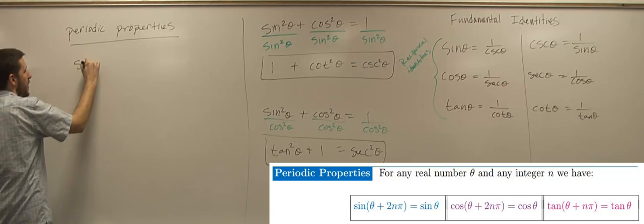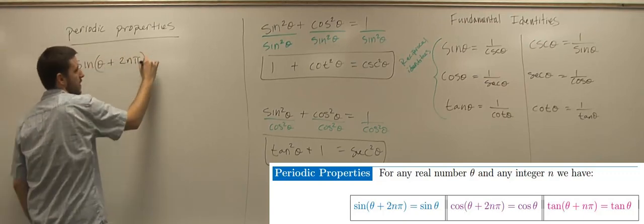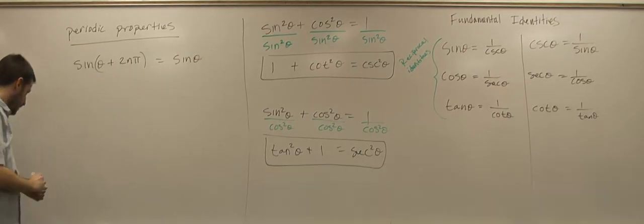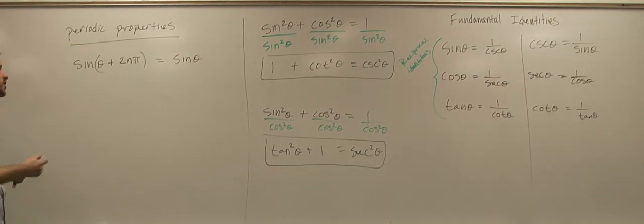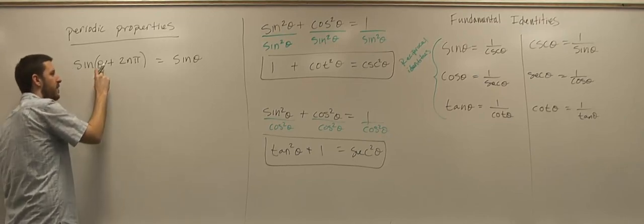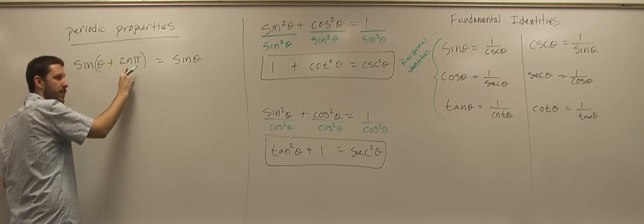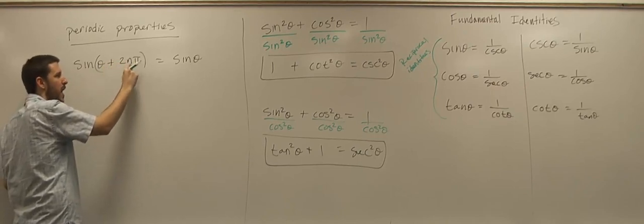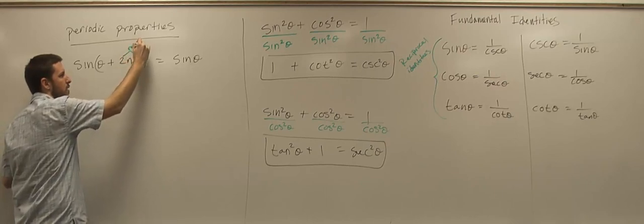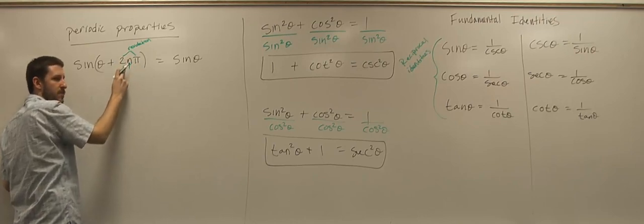Say that sine of theta plus 2n pi is equal to sine of theta. The way you should interpret this is, if you take sine of an angle theta but add any number of full revolutions, because 2 pi is a revolution, and the n lets you add any number of revolutions.